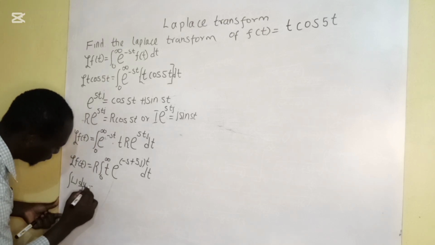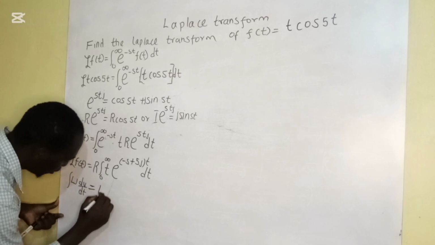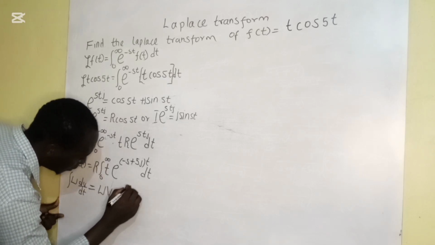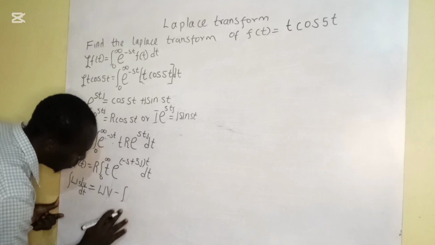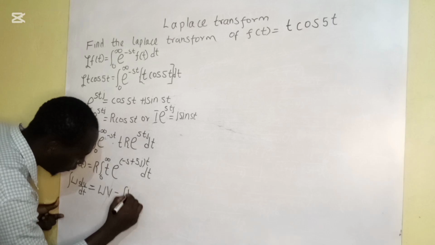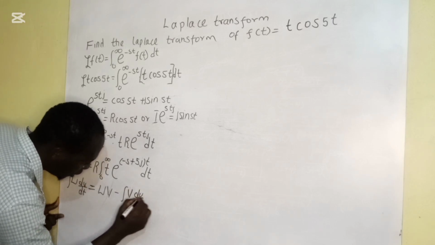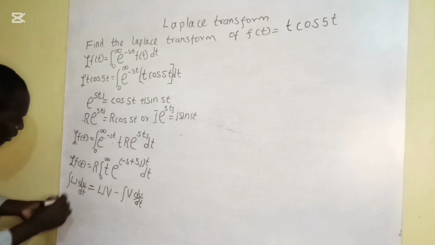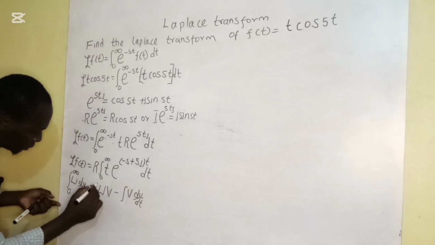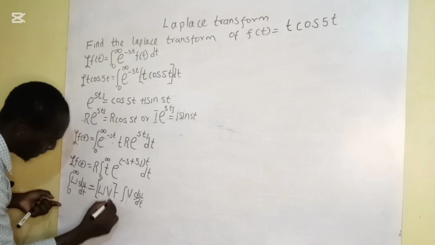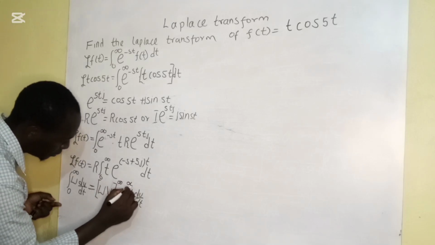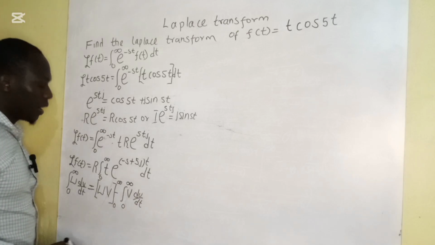Our integration is equals to uv, we subtract from an integral of v du with respect to dt. But here our integration is with respect to our limits, and here also we are having our limits.